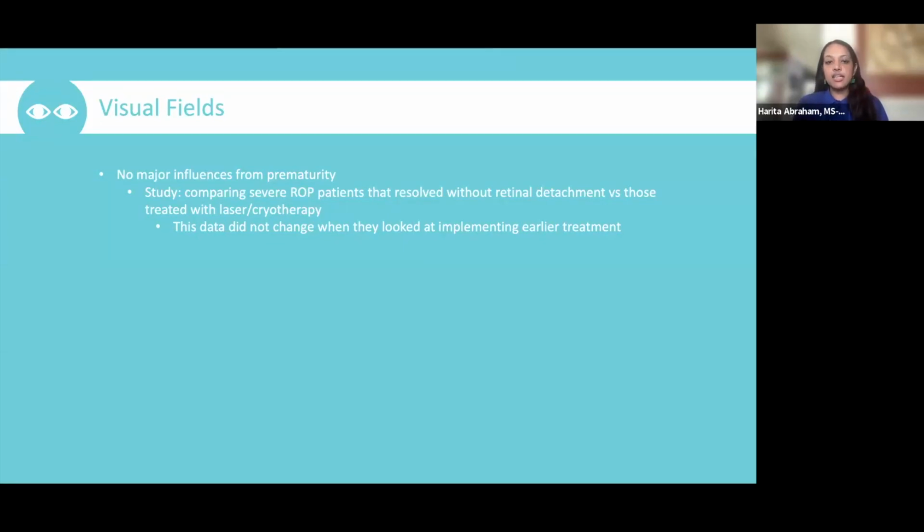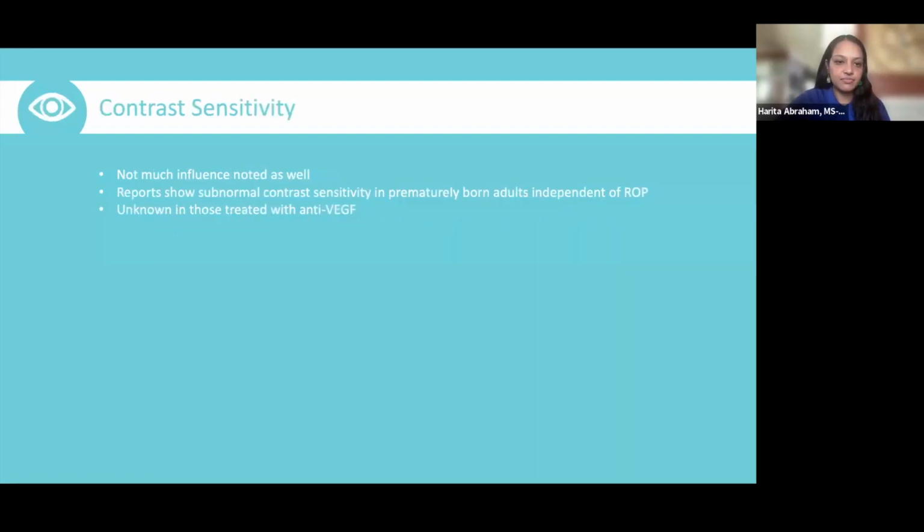He looked at a study comparing patients who had retinopathy of prematurity that resolved with no problems, and compared that to patients who had severe retinopathy of prematurity and required treatment. In both cases, there was not enough significant difference in terms of their visual fields.